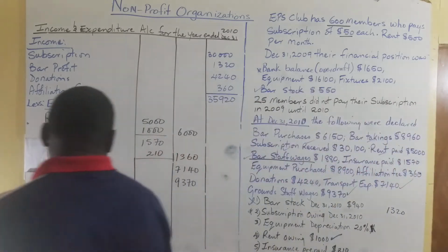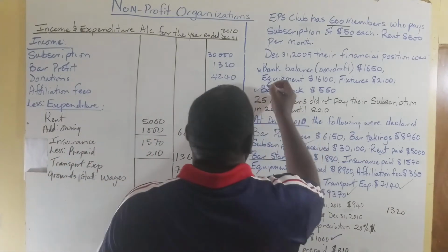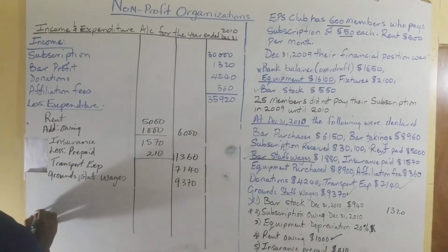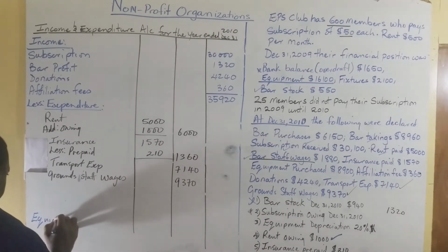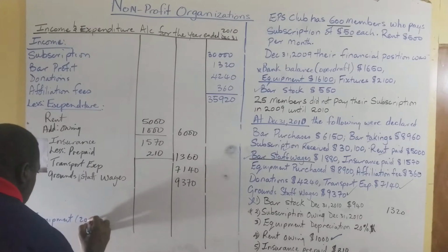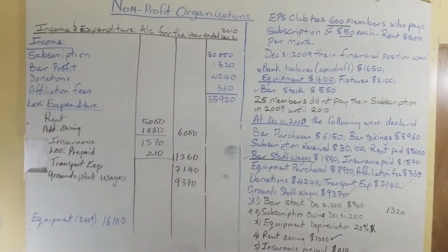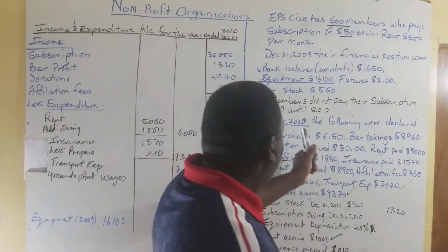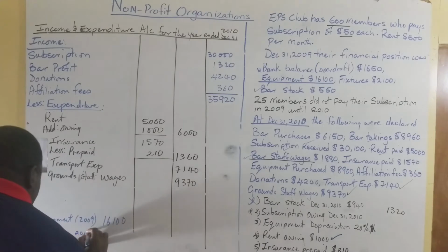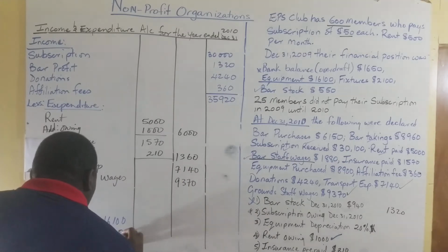Depreciation on the equipment. Now I want to indicate to you that when we started 2010, our equipment at cost, I'm working this out now, in 2010 coming from 2009 was 16,010. We bought new equipment in 2010, and that amount is 8,900.